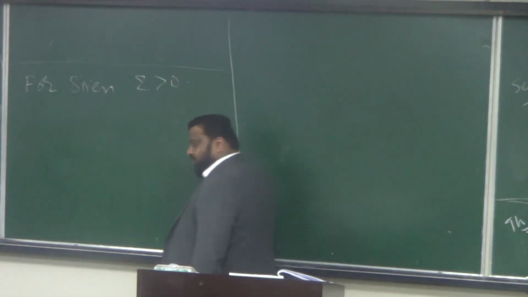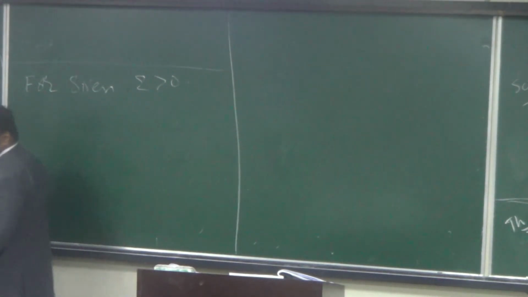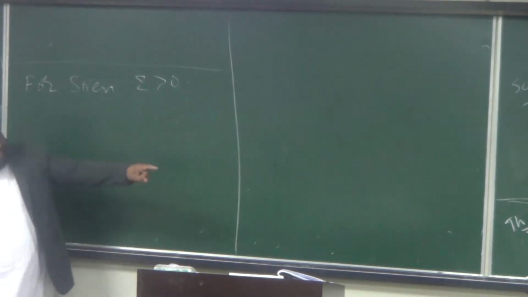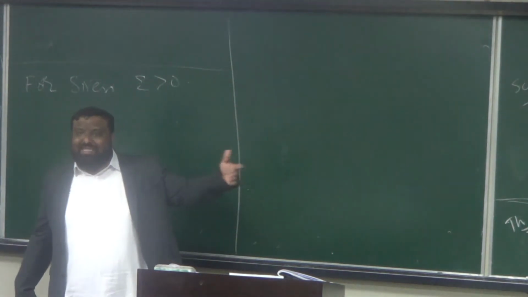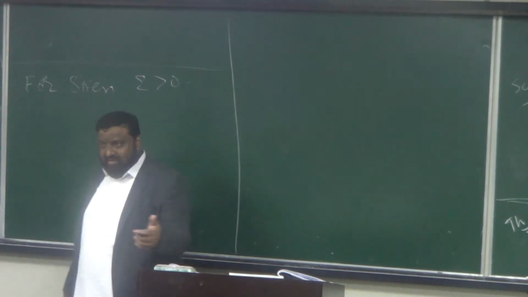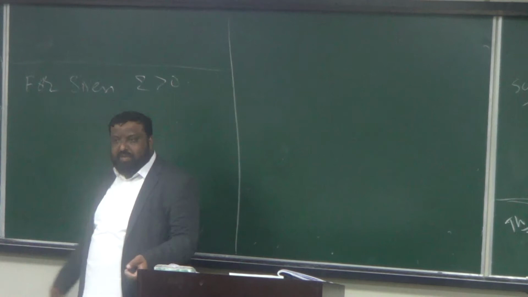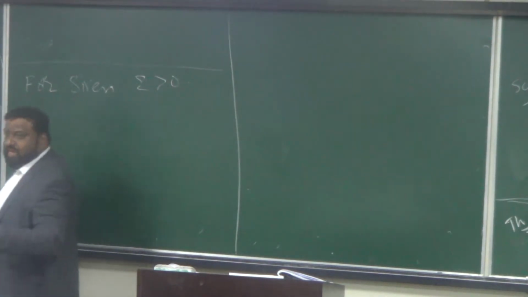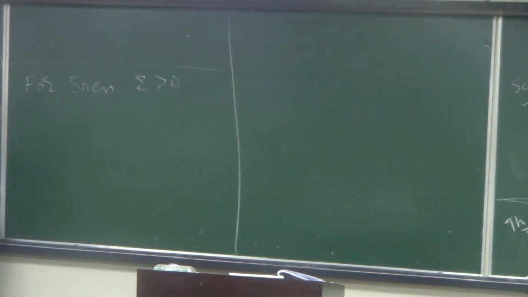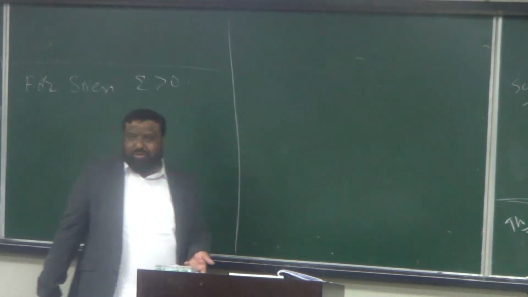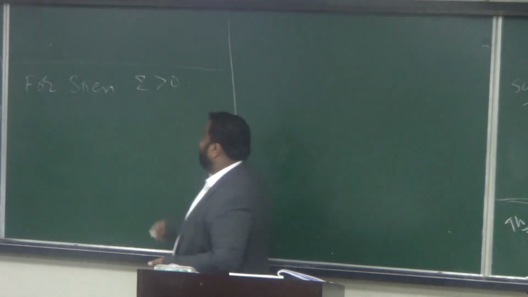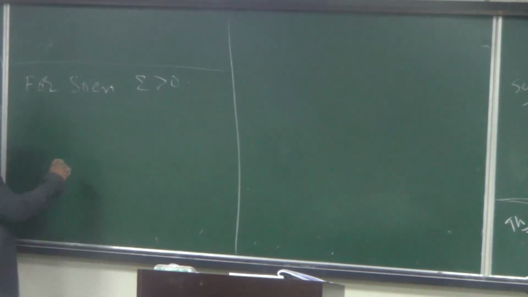I want the distance between Pn and P to be less than epsilon. But I know the distance between Pn and P is less than 1 over n, from that description. So I want 1 over n to be smaller than epsilon. So my n should be bigger than 1 by epsilon. Is it making sense?